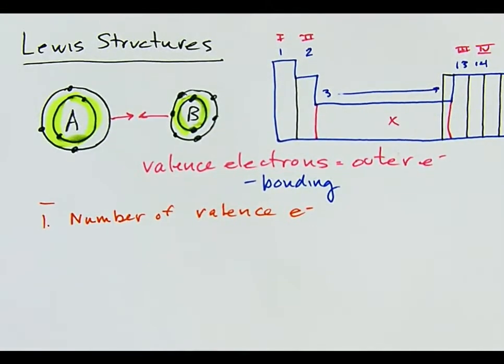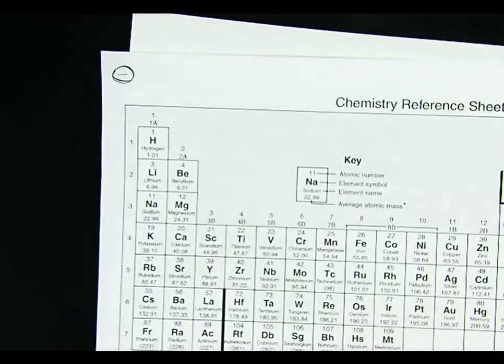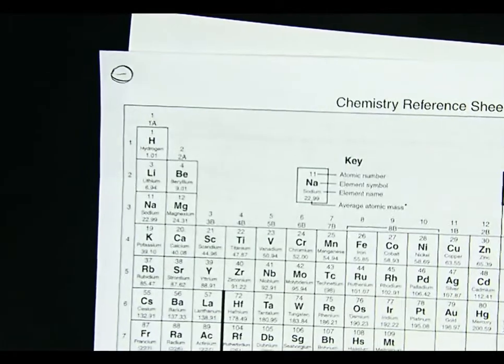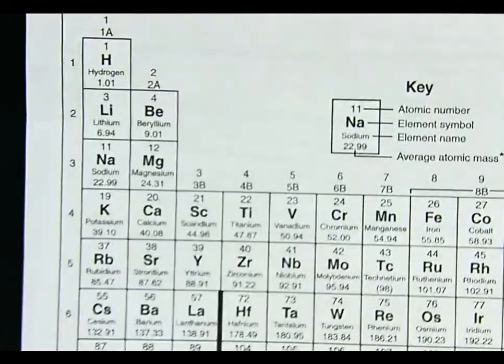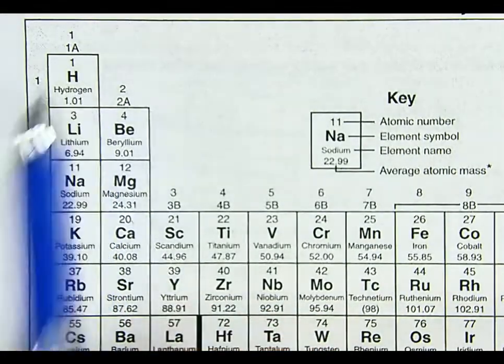Okay? So when you're looking at a periodic table, you're going to use that group number to determine how many electrons. So if we look at this chemistry reference sheet, also known as the periodic table, now we can talk a little bit more about how many electrons are around the outside of atoms. It turns out that every element here in group 1 has 1 outside electron.